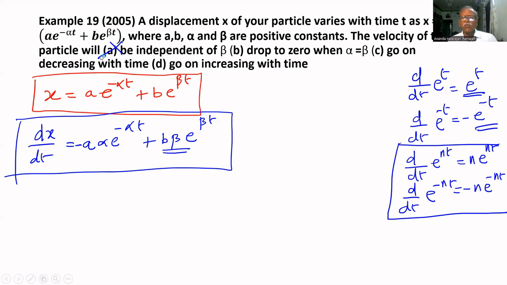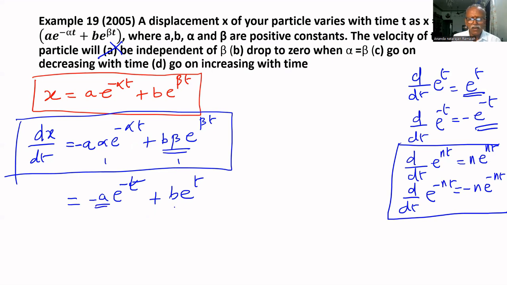Second answer: drop to 0 when alpha equal to beta. Let us assume alpha equal to 1, beta equal to 1. Then velocity is minus a e power minus t plus b e power t.